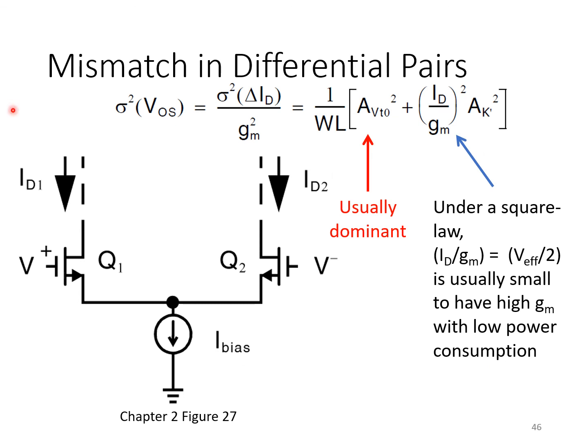Another source of mismatch in op amps is mismatch in the differential pair transistors, so the input pair specifically. When it comes to differential pairs, we've discussed the influences of device sizing on mismatch.